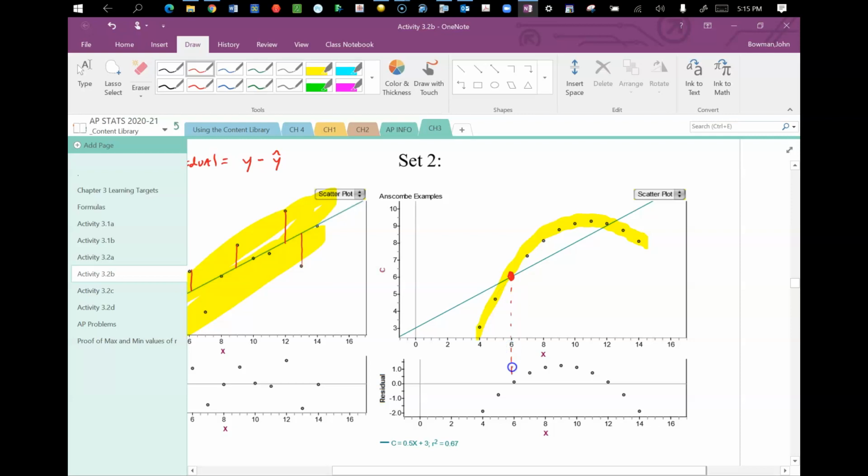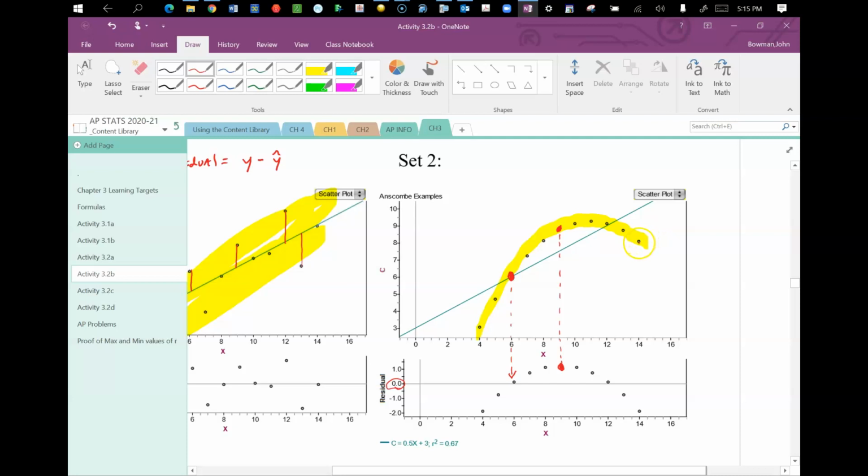If you go straight down to this residual plot, you will see that that point lies at a residual value of approximately 0. Whereas this point right here, kind of in the middle of that curve, has a very large, relatively speaking, positive residual. The actual y value is greater than the predicted y value. And if we go straight down, you will see that that point is plotted above the line y equals 0 on the residual plot. And we can do this for all the points.